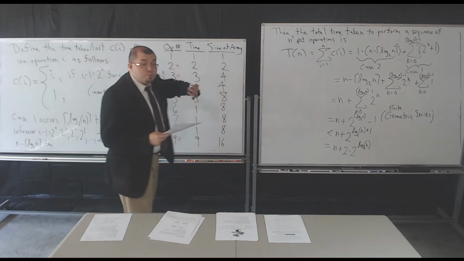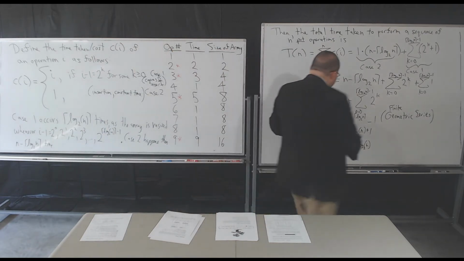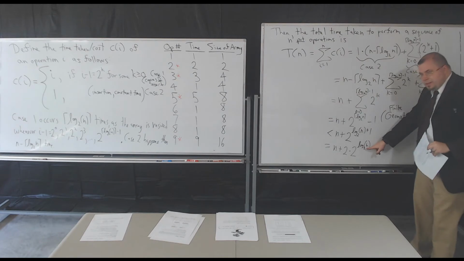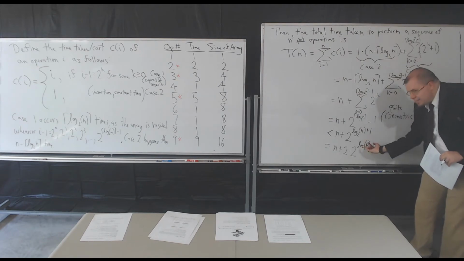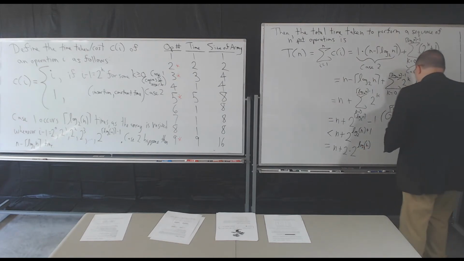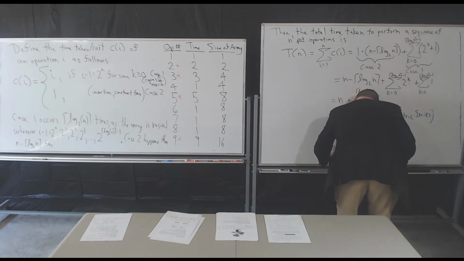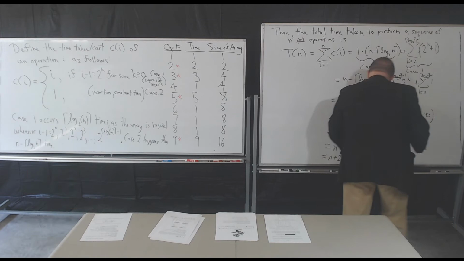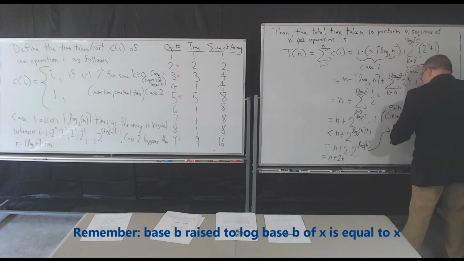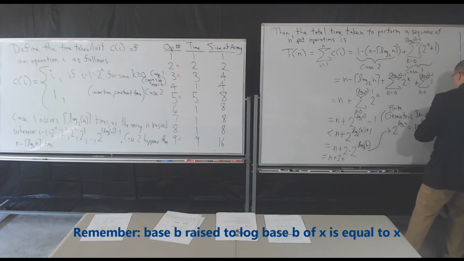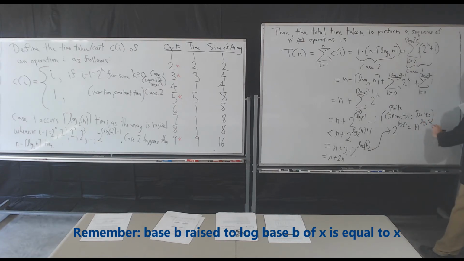Now, if you know your property of logarithms, this base matches the logarithm's base, hence I can switch these two around. Which, in a fun sense, is actually going to make it n plus 2n, because 2 to the power of log base 2 of n is equal to n raised to the power of log base 2 of 2, which is equal to 1.